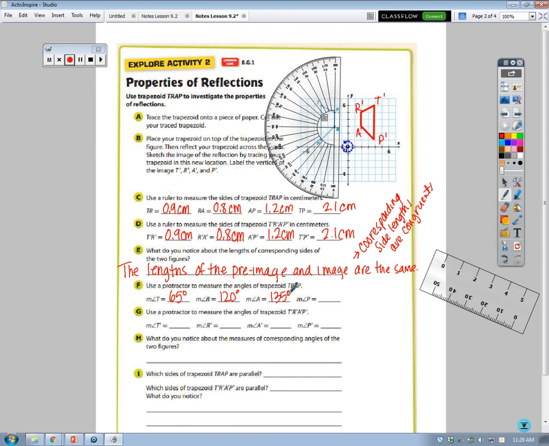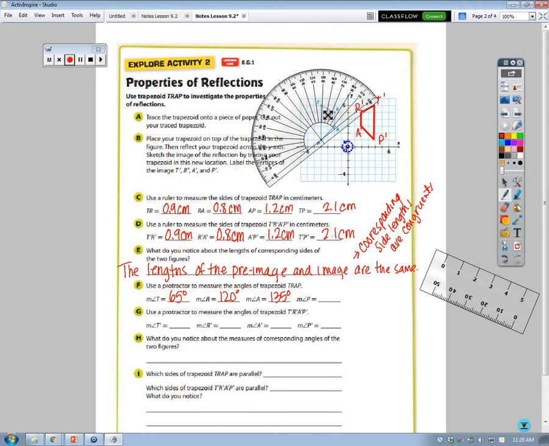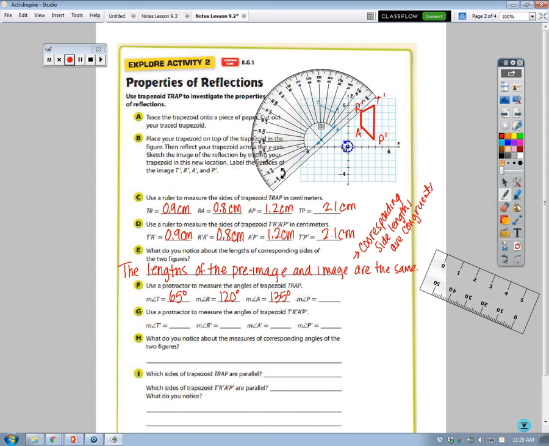And then angle P. So we're going to go ahead and slide down here, spin my protractor. Oh, it's definitely not lined up right now, is it? And we're looking at what? So we've got 10, 20, 30, 40, 50, about 50 degrees. Let's see if I can line that up.